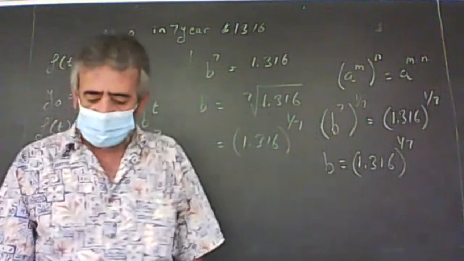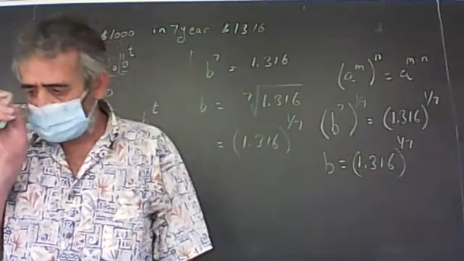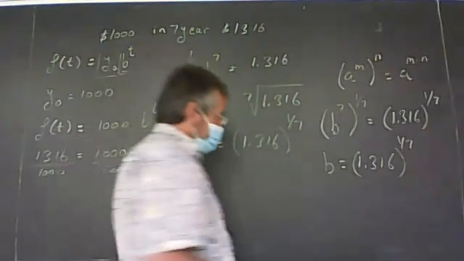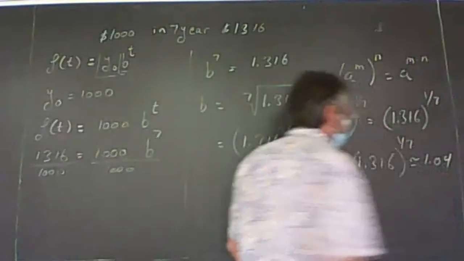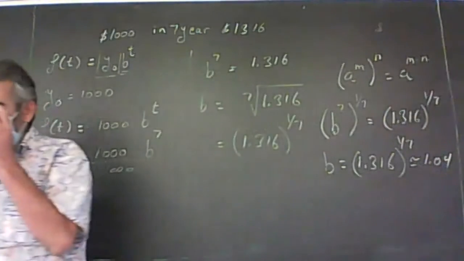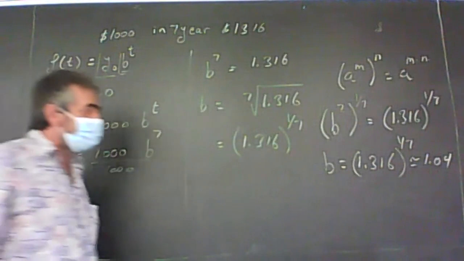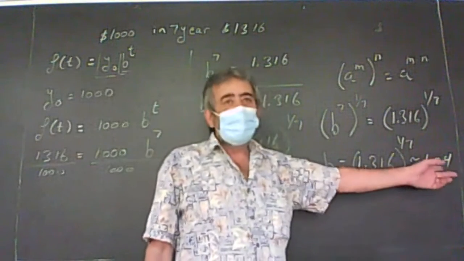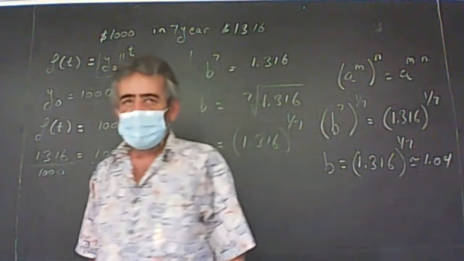And with that, we get approximately 1.04. So now we know b is 1.04. So I'm getting 4% interest on my money.